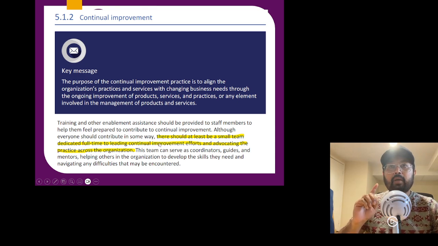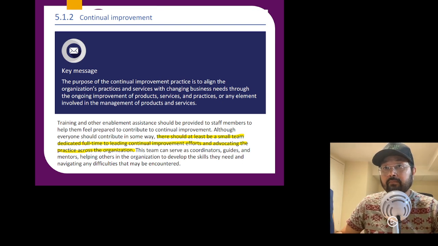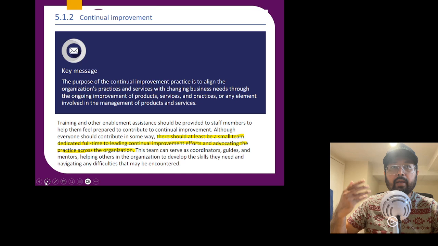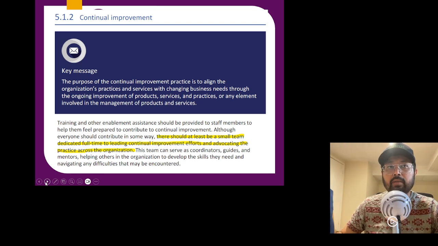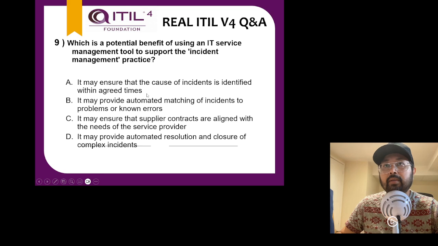So every service-oriented organization should maintain a continual improvement management team who will look after this, and they will cross-check and work with other team members to maintain continual improvement inside the company for their services.